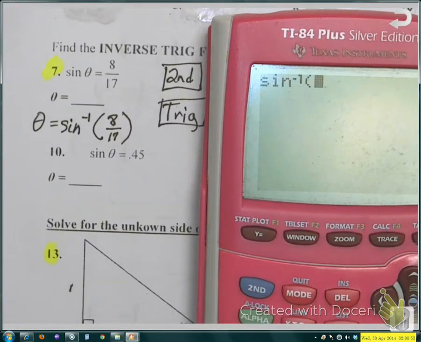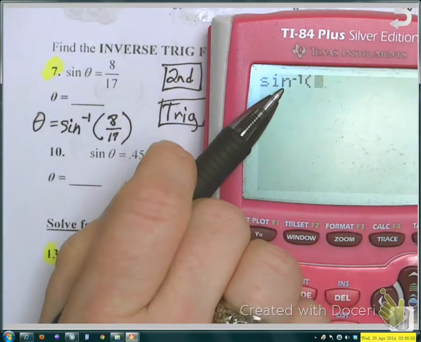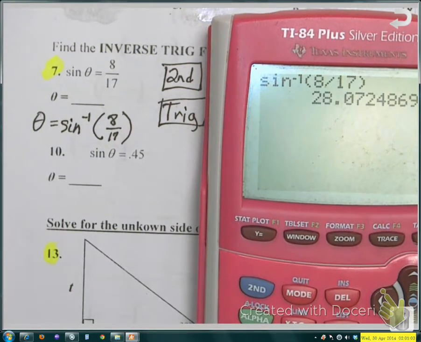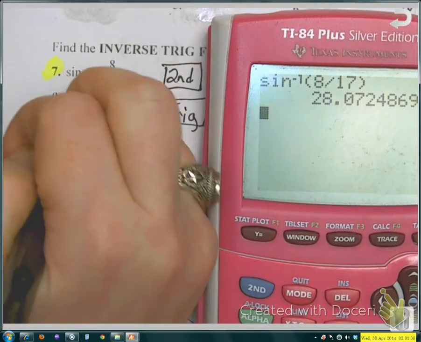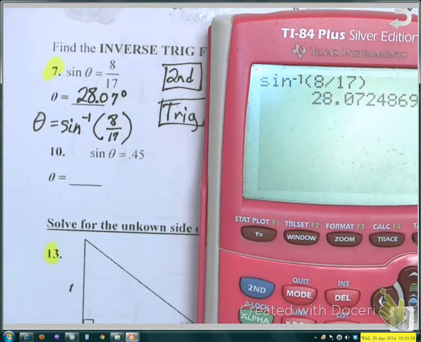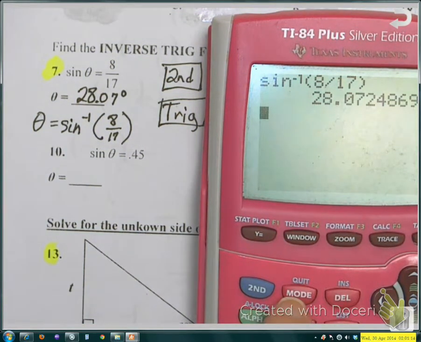As you can see, it indicates the little -1 there, so you know that you're looking at the inverse function. Then we do 8 divided by 17 inside the parentheses and hit enter. What we get is 28.07 degrees.